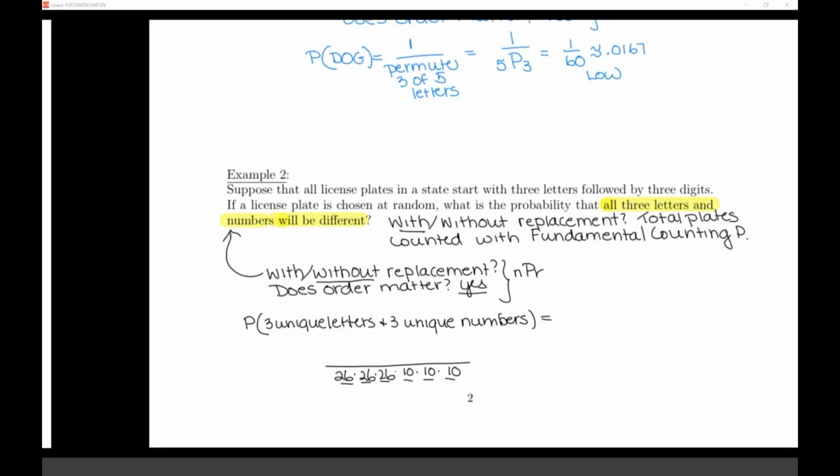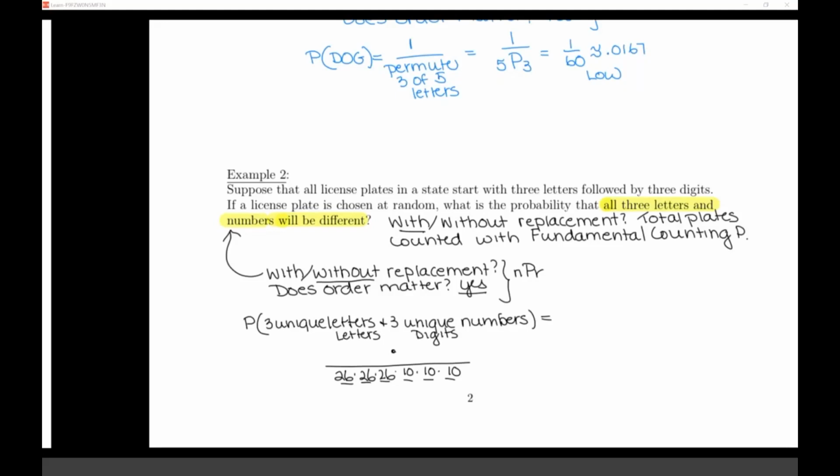Now, the ones you're interested in are the ones where the letters don't repeat and the digits don't repeat. So you're going to use the fundamental counting principle, and you're going to consider letters separately from digits. We said this part we're going to count with permutations.